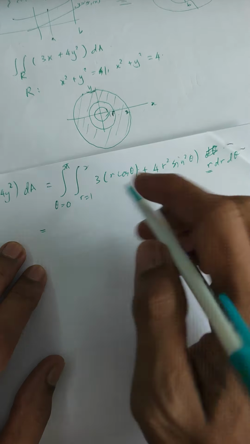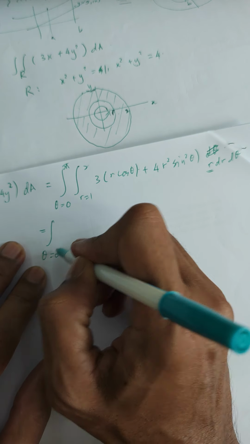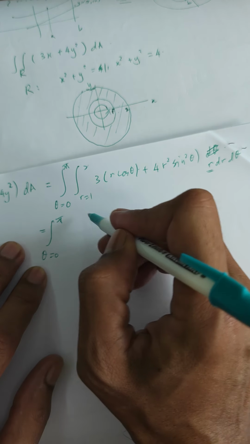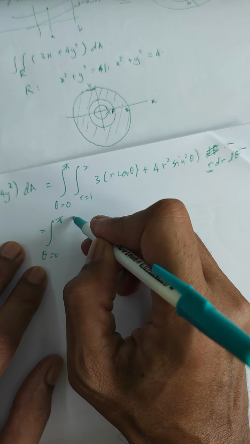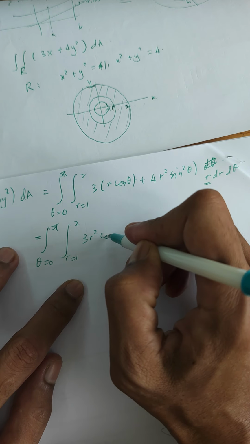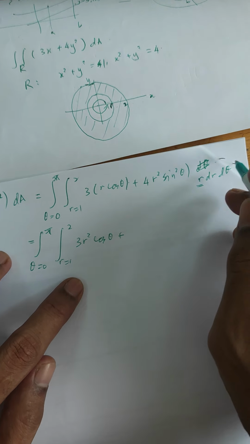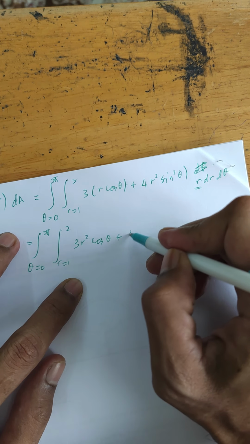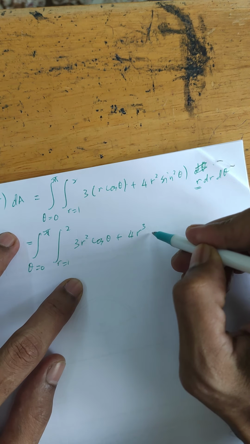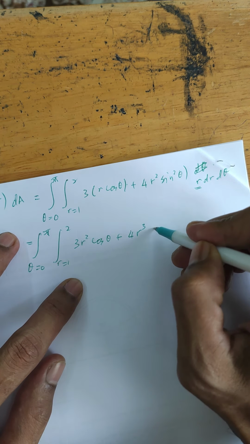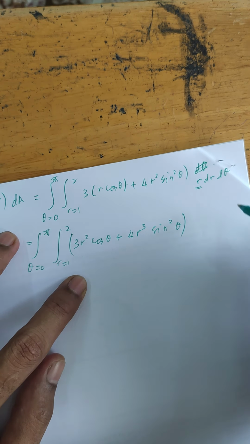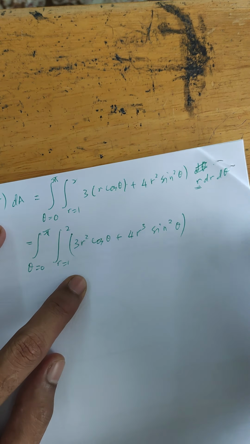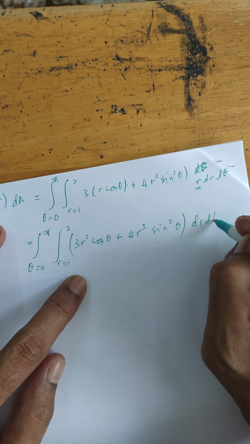If you simplify those terms, we have theta from 0 to 2 pi, r from 1 to 2, so we have 3r squared cos theta plus 4r cubed sine squared theta. That one we have multiplied inside, so we have dr d theta.